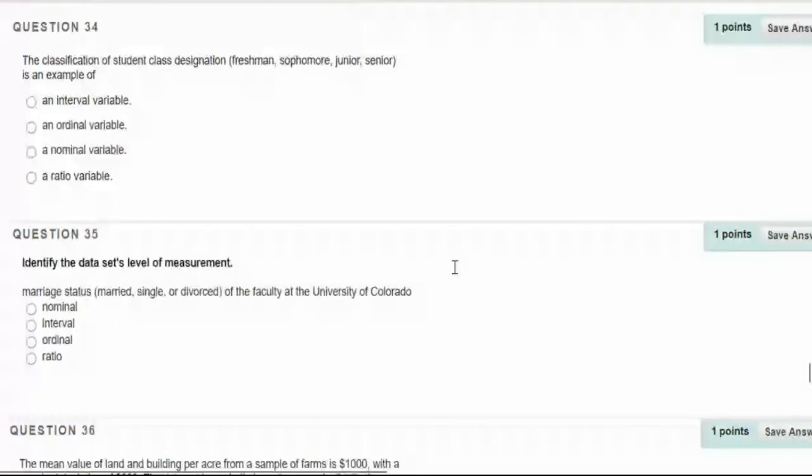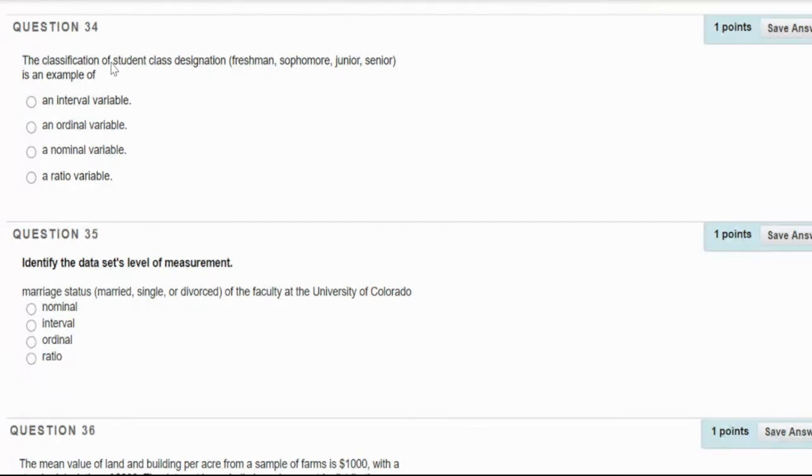Now 34. What we have here says classify the classification of student. This is an example of what?